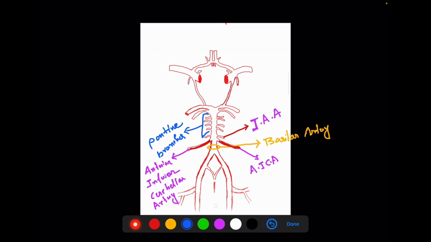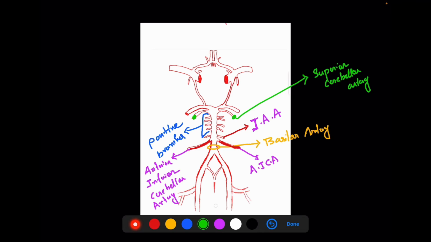Next, after the pontine branches, we have another branch, called the superior cerebellar artery. Here you can see this one is your superior cerebellar artery on both sides, here and here.